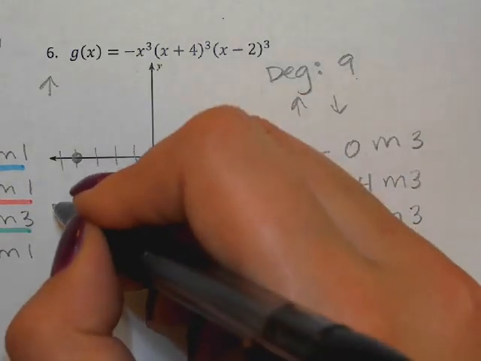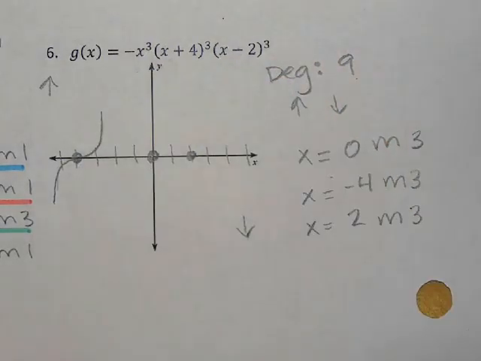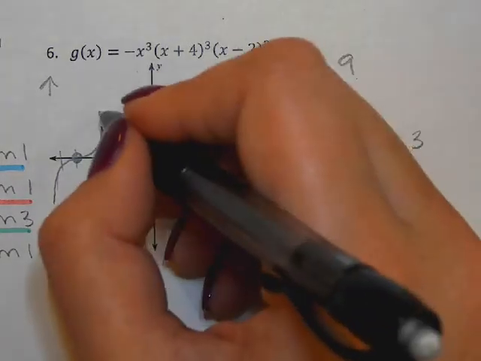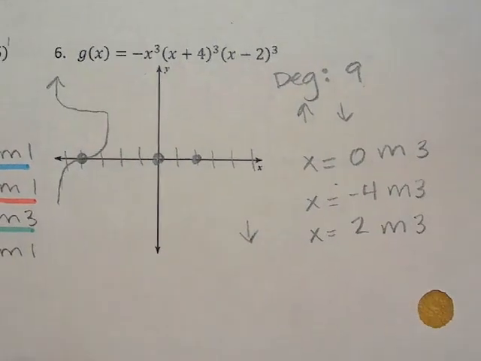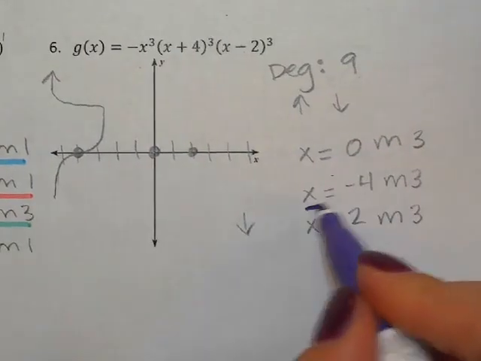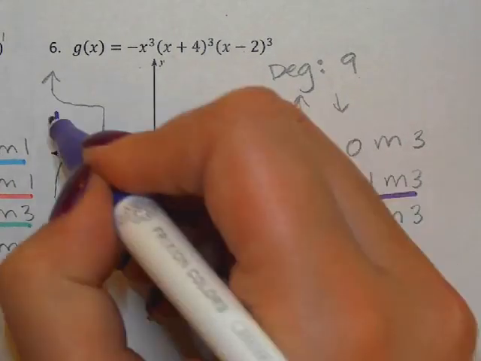All right, so is this how we should be drawing the first one? Does that look right? Yeah, definitely not that one. Okay, so -4 should be down, level off, down.